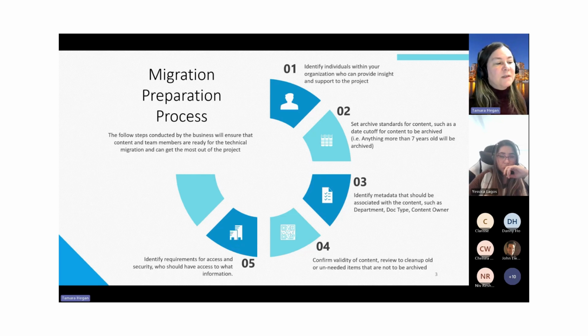Identify the requirements for access and security. Who should be accessing information in different areas of your organization? Who should be able to add or remove people? And how does that come into play?